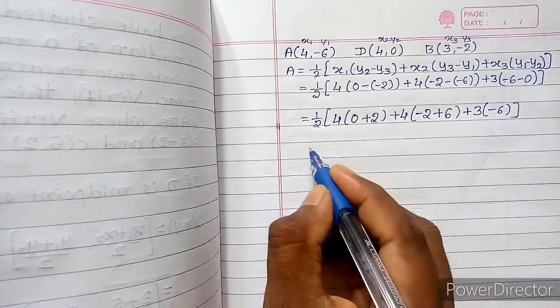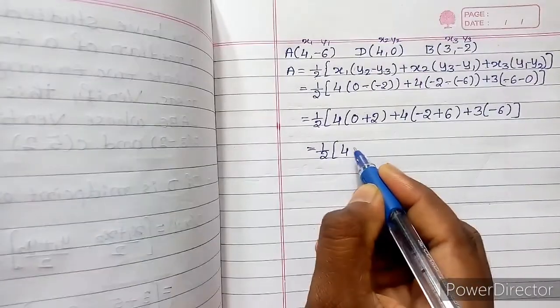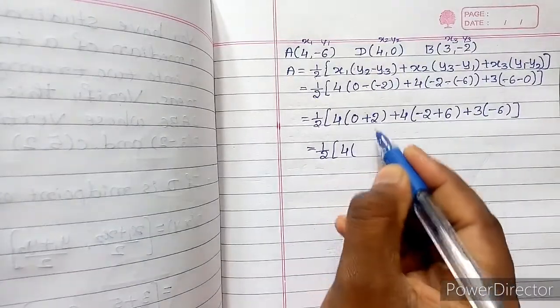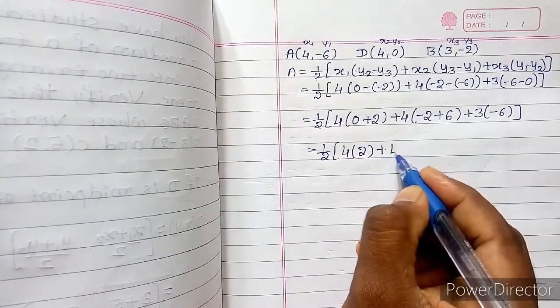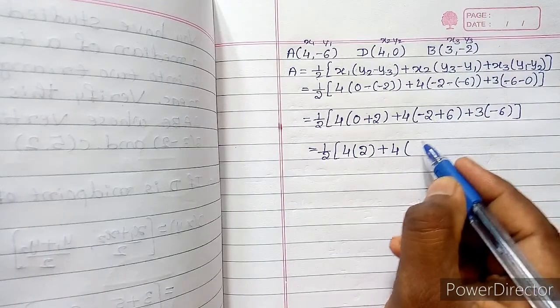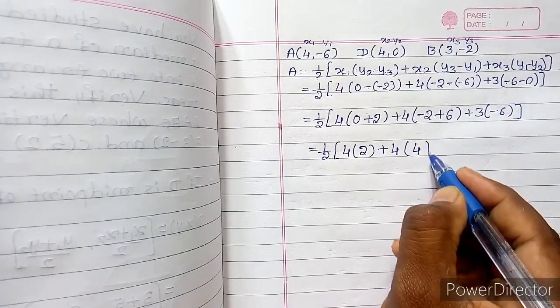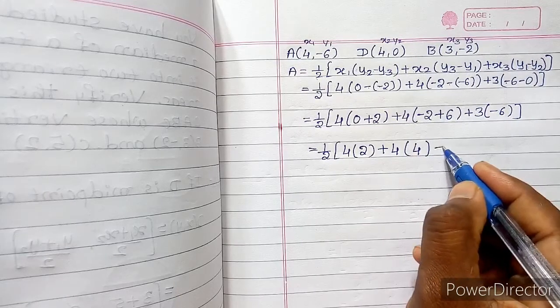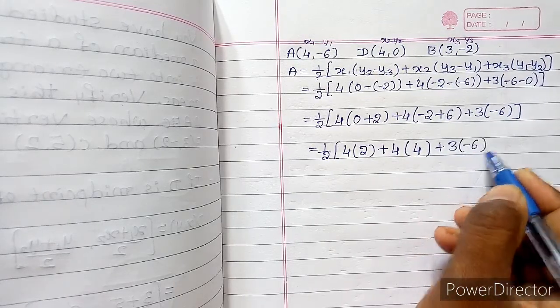Then next 1 by 2 into bracket 4 into bracket 0 plus 2 is 2, plus 4 into bracket 6 minus 2 is 4. Then bigger number sign is plus, therefore it becomes plus 4. Then plus 3 into bracket minus 6.